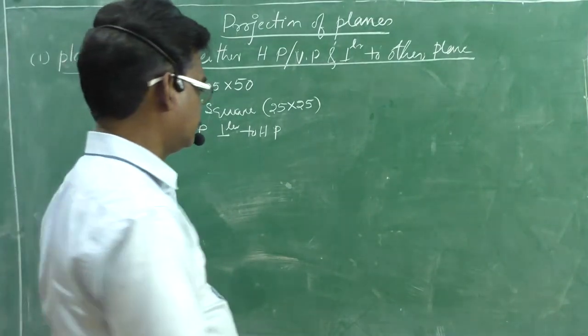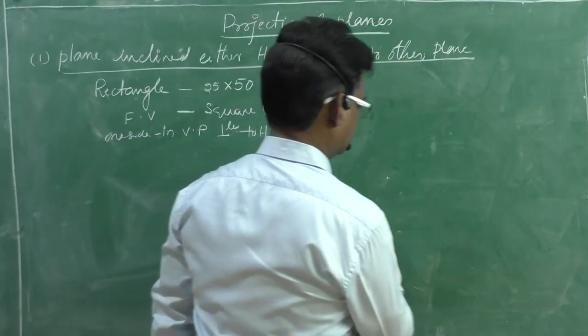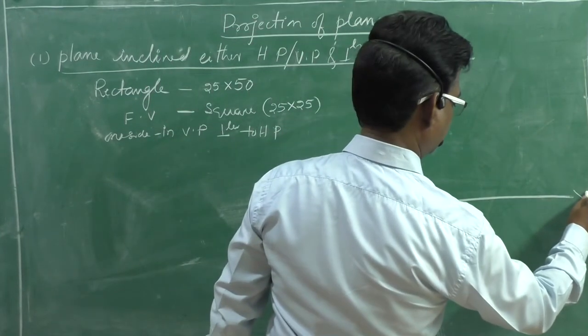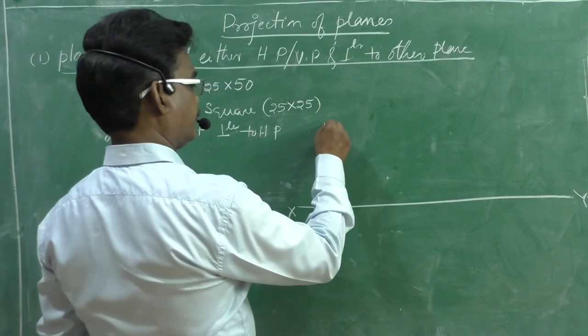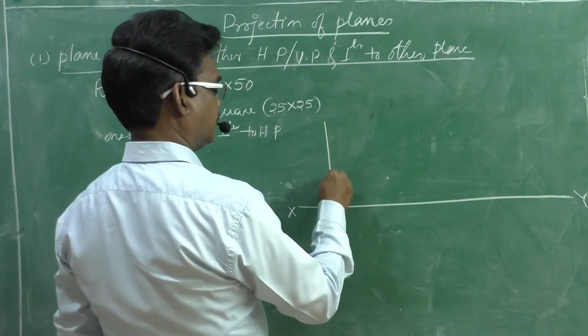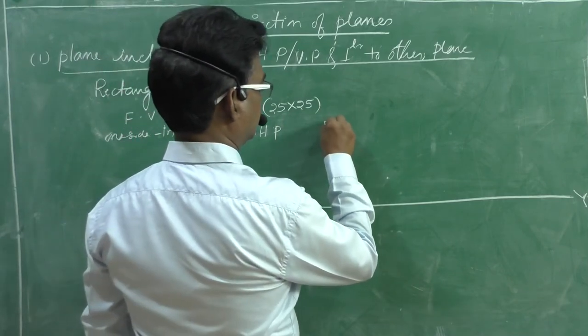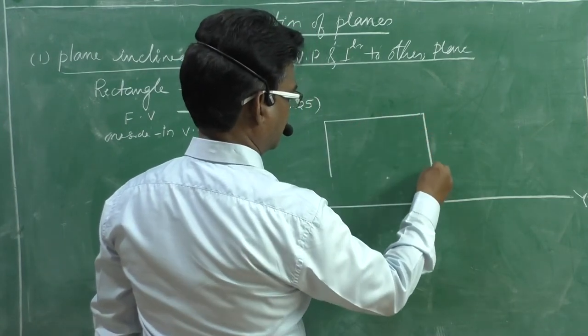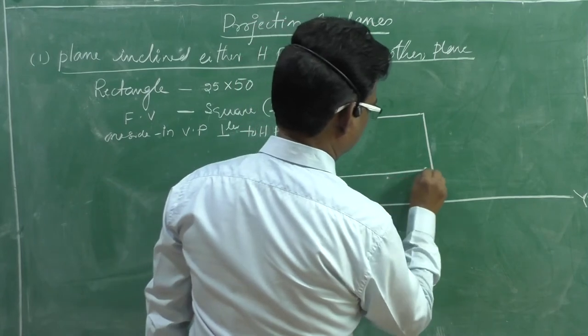Now, this is the XY reference line, and by taking 25 mm and length equal to 50 mm, we need to construct a rectangle.